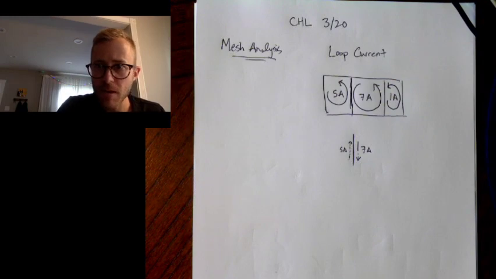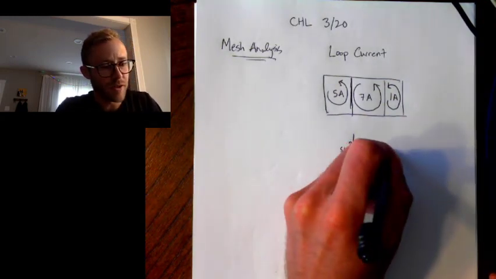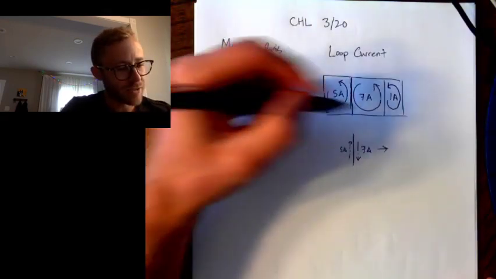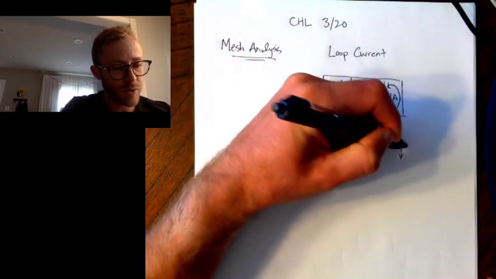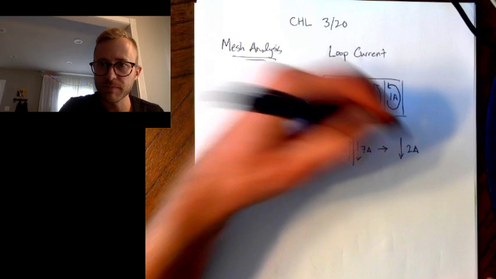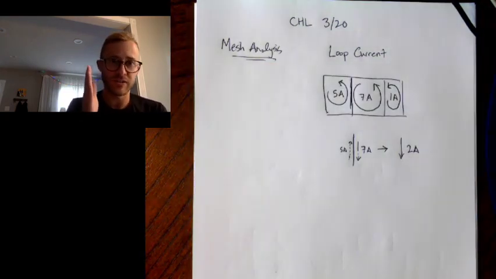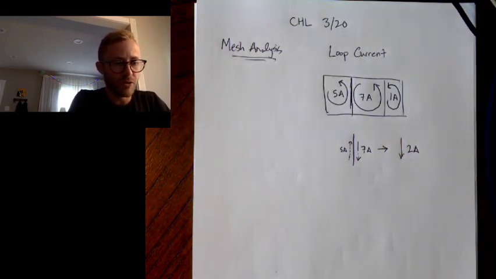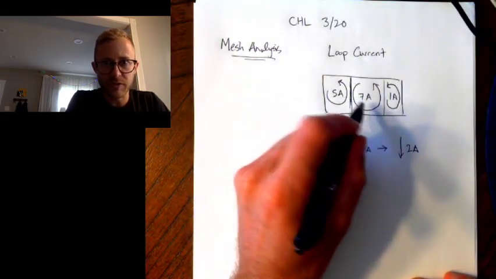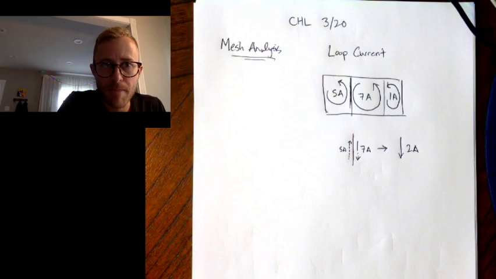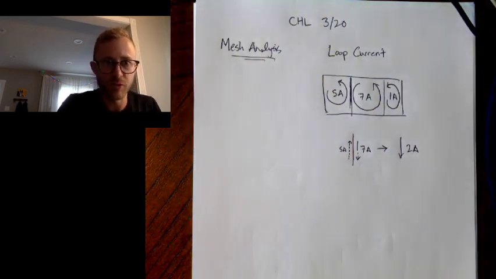So what that means is that there is a net downward current of 2 amps. When you want to know how much current is actually flowing, you look at the adjacent loop currents and combine them to get the net current flow.